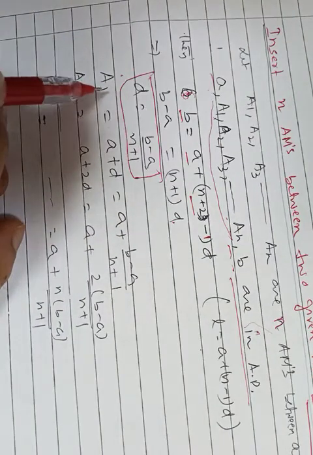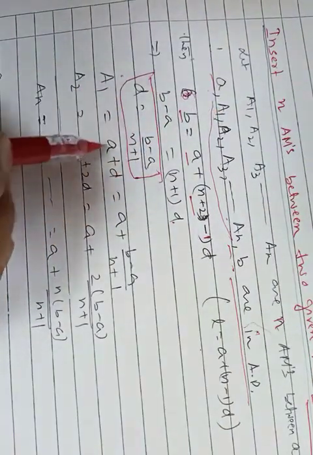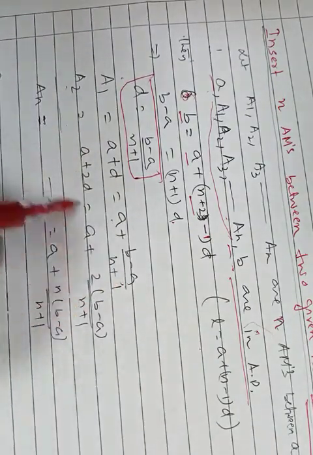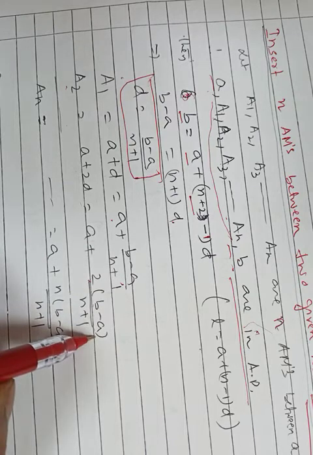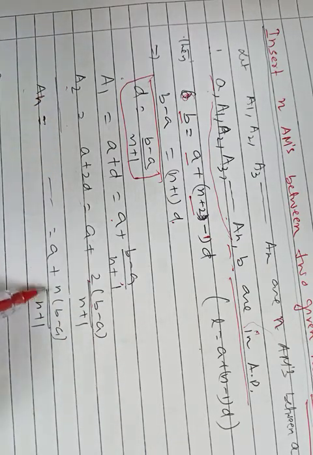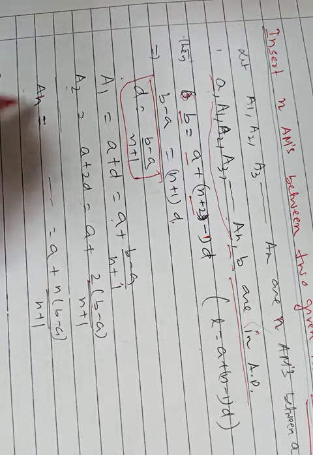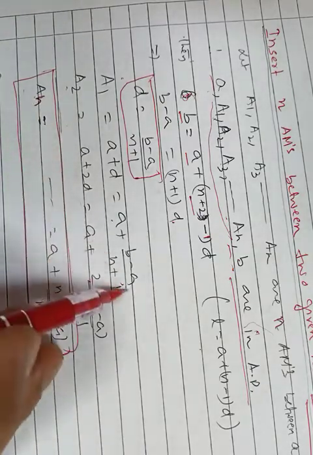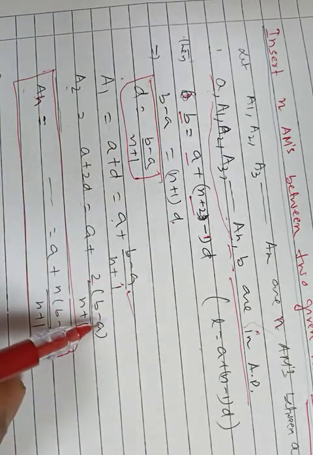Then the second term A1, the first arithmetic mean, will be A plus D, A plus this. The second arithmetic mean will be A plus 2D, that means A plus 2 into this. Similarly, the nth arithmetic mean is equal to A plus n into (B minus A) by (n plus 1). This is a formula: by putting n equal to 1 you get the first one, by putting n equal to 2 the second.